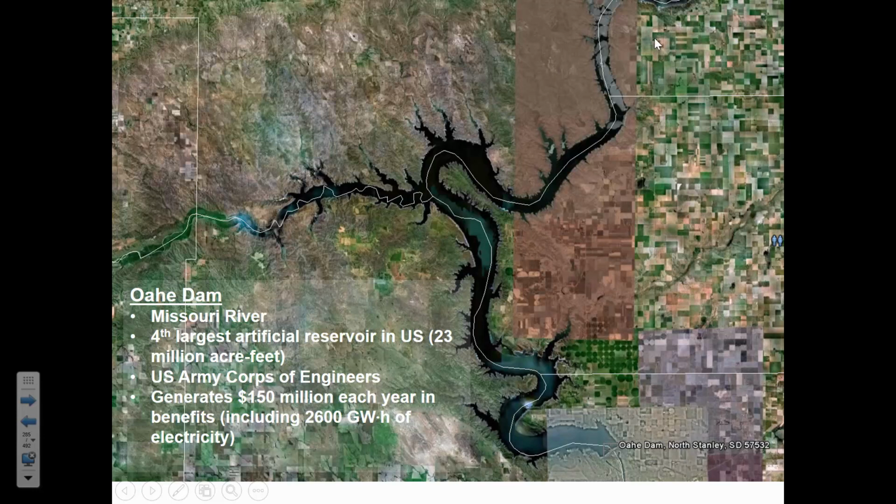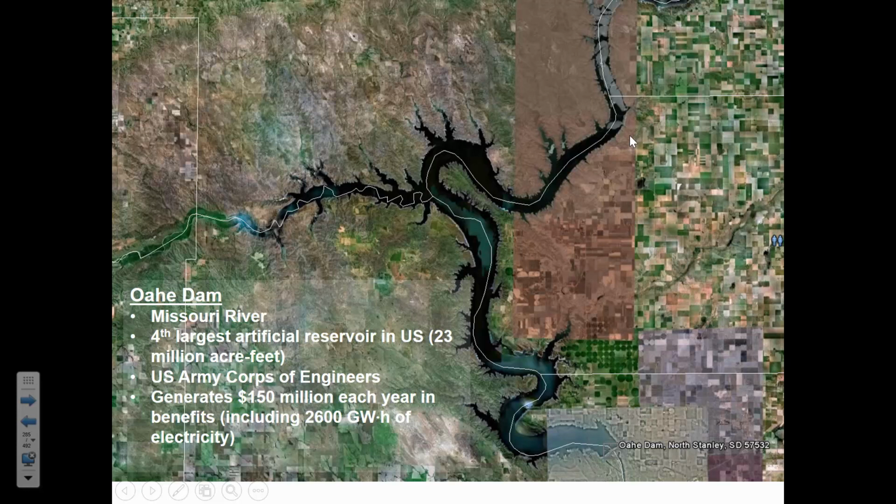Most of the time, if you look at a map of dams in the United States, they're most often located in mountainous areas, like in the western United States or throughout the Appalachians. But there are a few low head dams where the height of the dam isn't that high, and this is an example of one of those low head dams. They still are able to generate electricity from it.